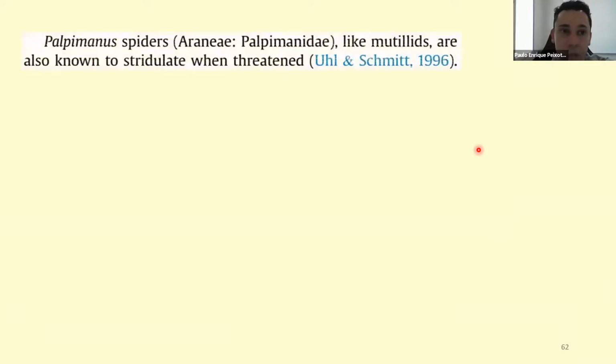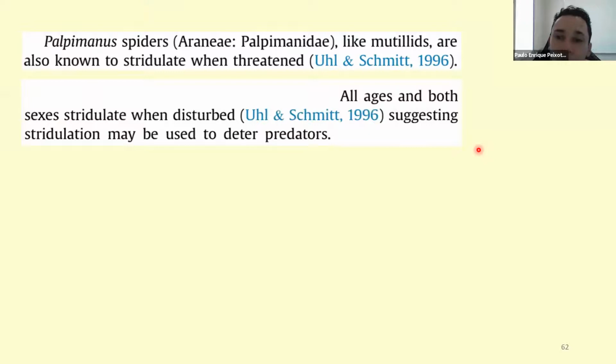For example, when they were describing these spiders, they said that Paupimanus spiders, like mutillid wasps, are also known to stridulate when threatened, okay? And note that they cite an article that has shown this. In the same paragraph, they also say that all ages and both sexes stridulate when disturbed.